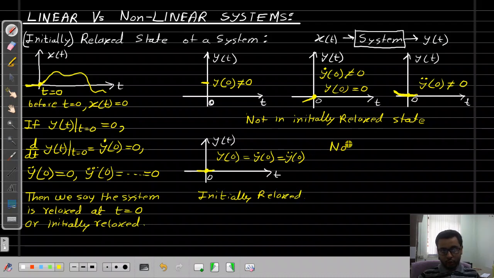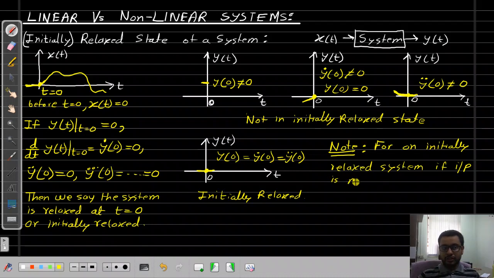Now please note that for our initially relaxed system, if input is not applied, output will remain 0 forever after.